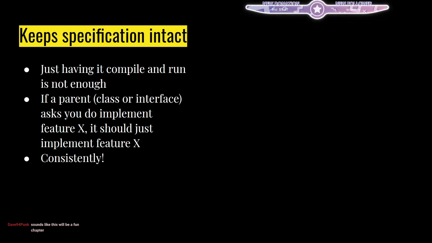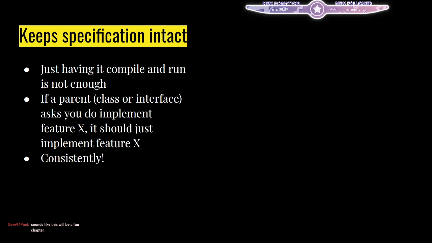So specification intact means that a child class should not throw any extra exceptions, because that's not what the specification was before. If it was throwing null reference exception, it should be throwing null reference exception.